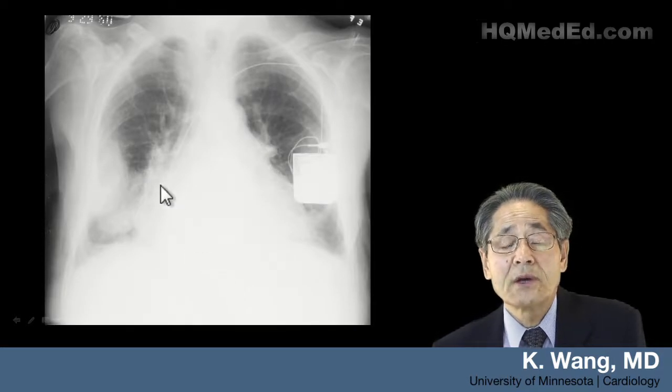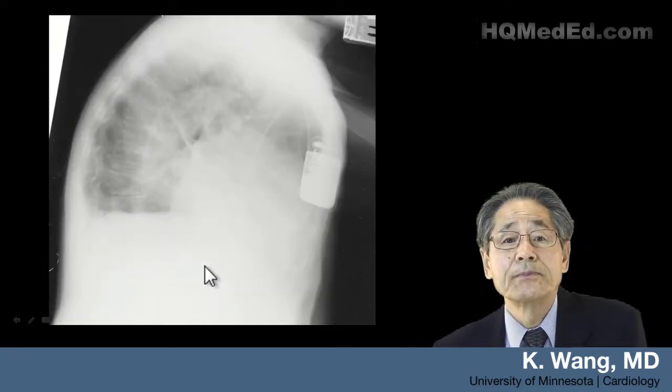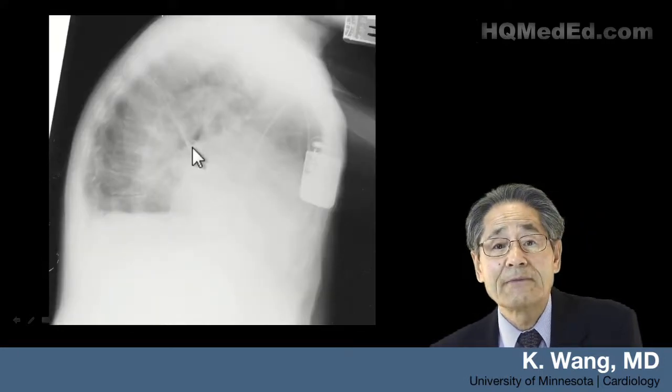This is fluid accumulated in the major fissure, looking like this in this patient. And on the lateral view, you don't see it very well, but that loculated fluid in the major fissure is here.